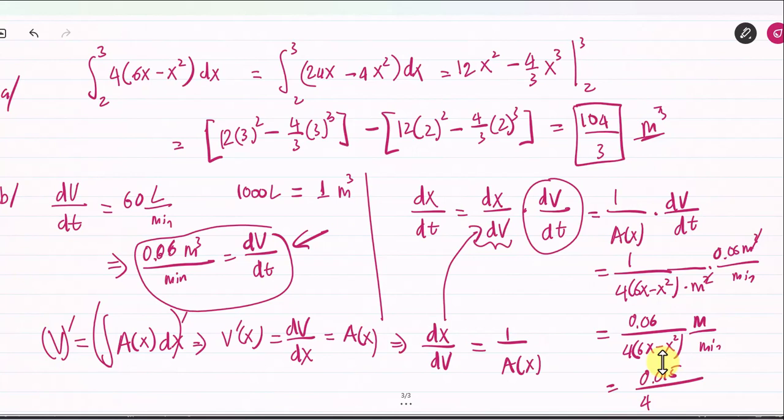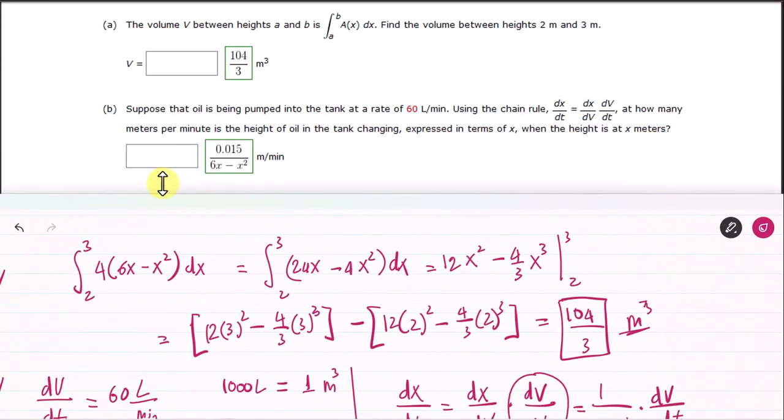So it's just 0.015 over (6x minus x squared) meters per minute, and that is the answer.